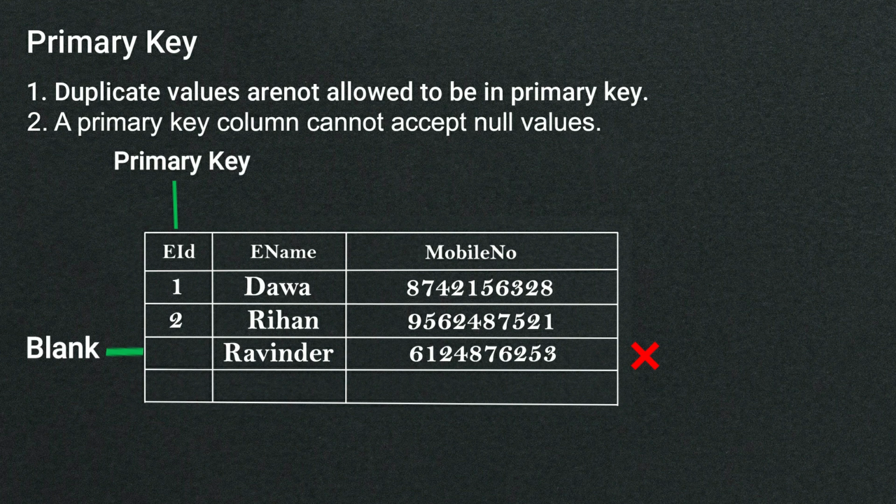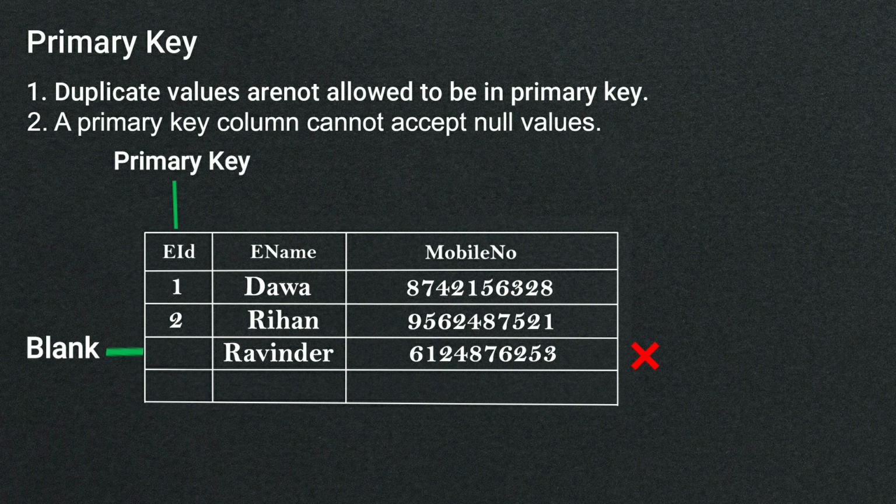No. This value will not be stored in the table. Why? Because no value has been given in the employee ID column. So it will not be stored in the table, because whenever we define a primary key on a column, we cannot leave that column blank. We have to give some value in it.